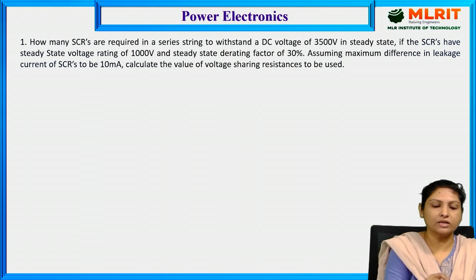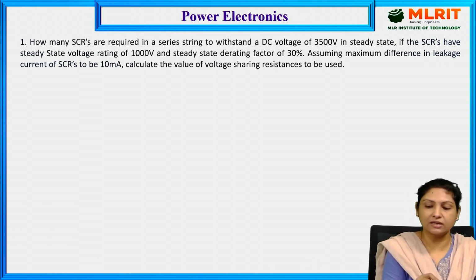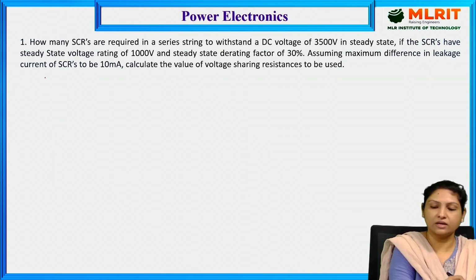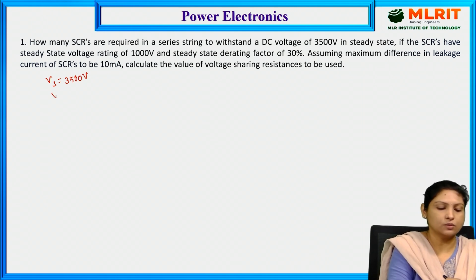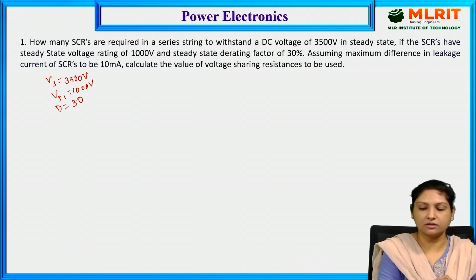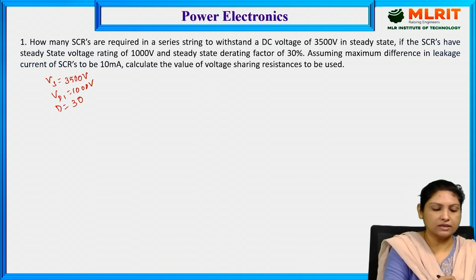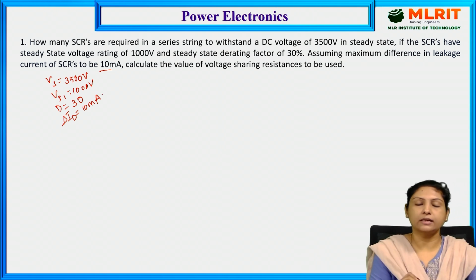Here, how many SCRs are required in series string to withstand a DC voltage of Vs equal to 3500 volts, if the SCRs have steady state voltage rating VD1 equal to 1000 volts, percentage derating factor is 30, assuming maximum difference in leakage current, delta ID, equal to 10 milliamperes. Calculate the value of voltage sharing resistances to be used.